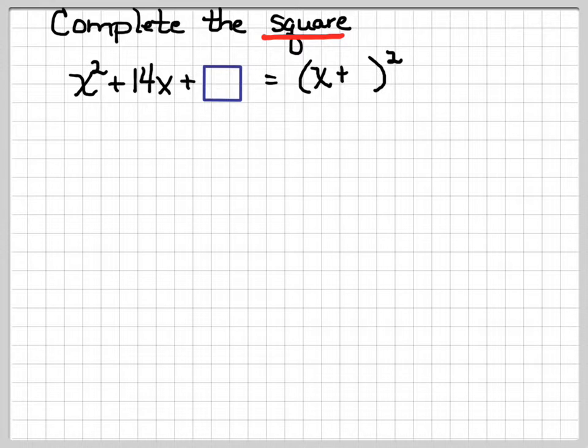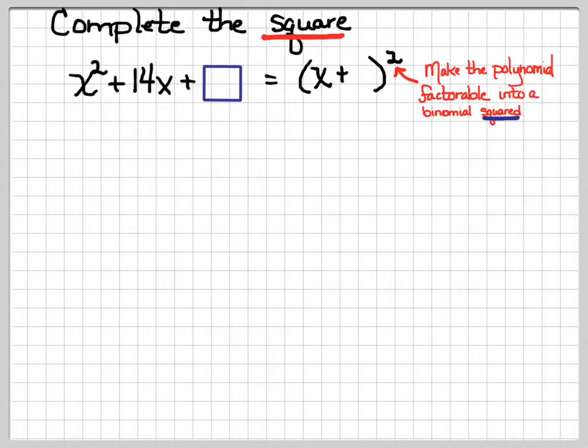So if I were going to make this a perfect square trinomial, what I would have to do is make the polynomial factorable into a binomial squared. So I'm looking for the number that would fit into this box. And the way that I do that is I'm going to split b.